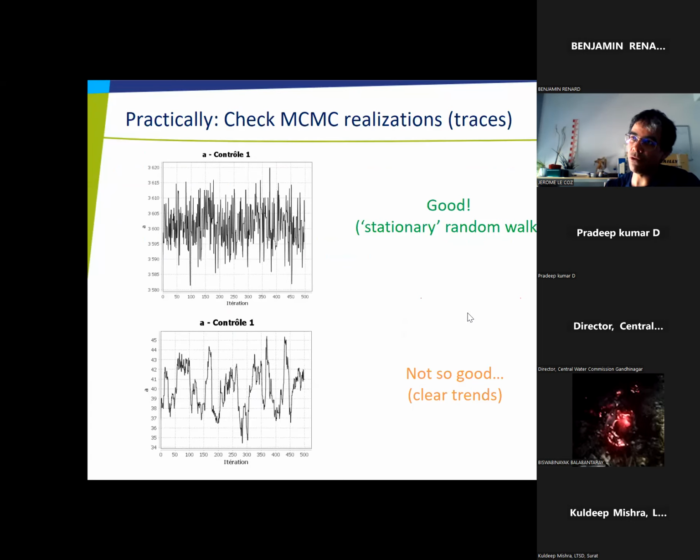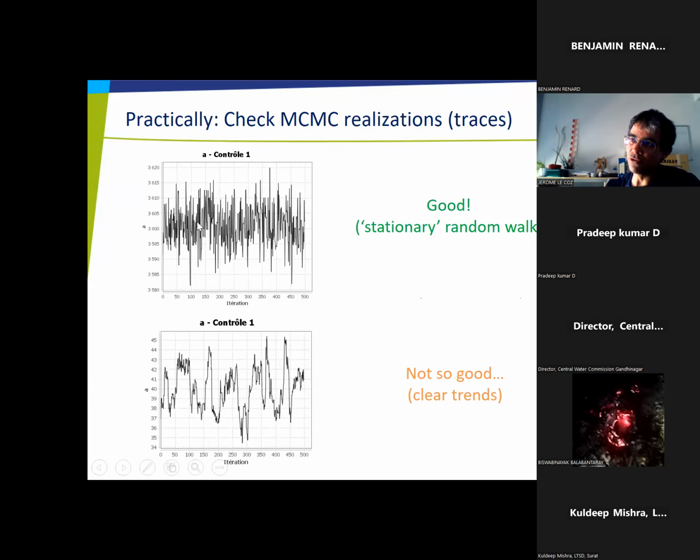For instance, here for one parameter, A, coefficient A of control 1, we see that we have kind of a random walk, more or less stationary around the same values. So it looks like a good exploration of the distribution.